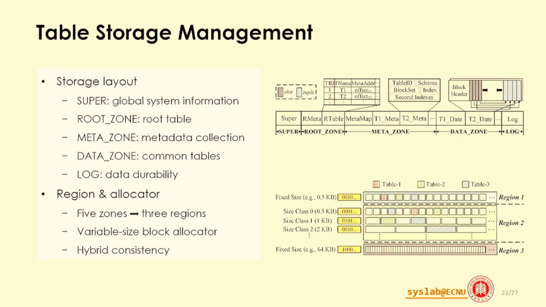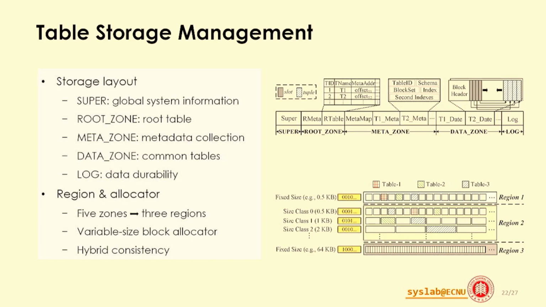Besides, region 3 consists of large blocks that store the log. Given that log involves large and sequential I/O operations, it is advantageous to have a large and contiguous region to accelerate the logging process. Then the data zone belongs to region 2.